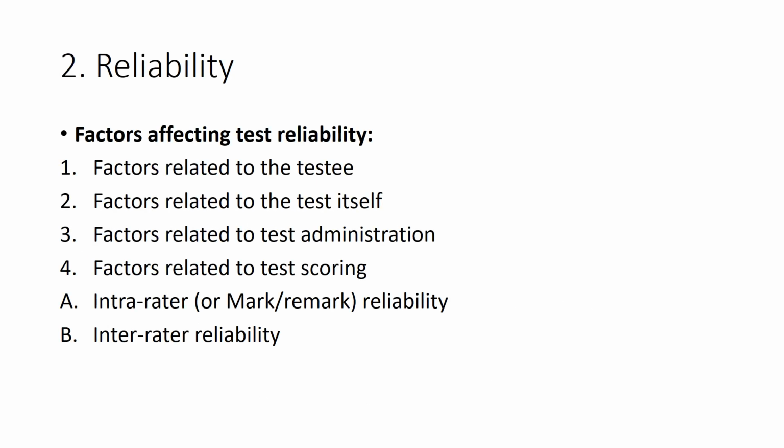We have what? Factors affecting test reliability. What are they? Number one, fluctuations in the psychological and physiological conditions of the testees. Okay, so when you repeat the test again, whether the same test or another form of the test, maybe it is not the same student.